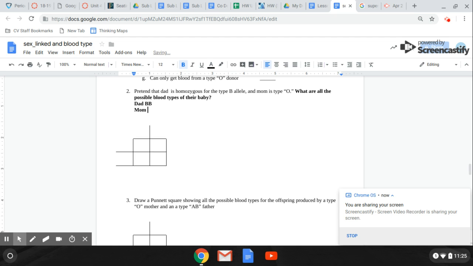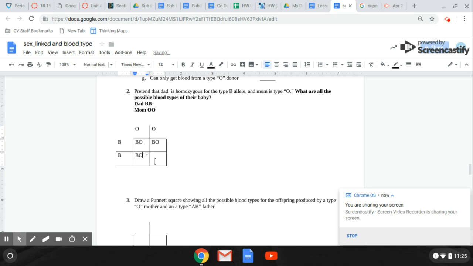So mom is OO, and there's only one way to be an O blood type, which is to have two O's. So we're going to cross them. You'll see that this is a codominant trait, clearly because we're using two different letters. You cross them, and you should get BO in all of your boxes.